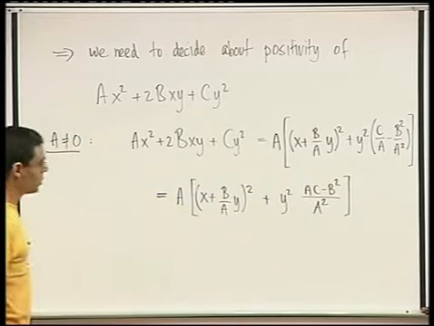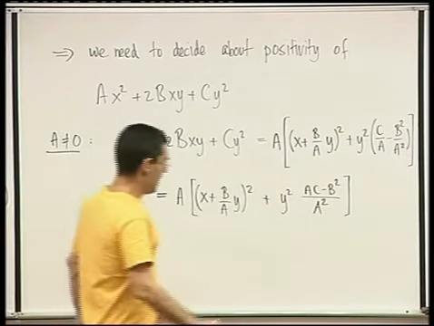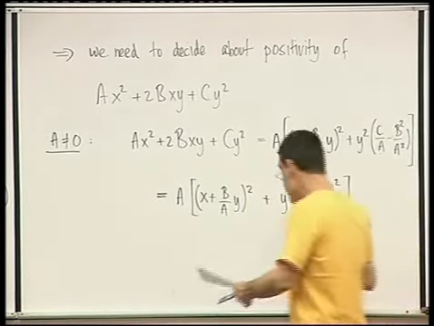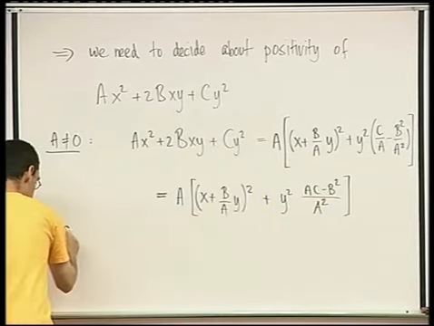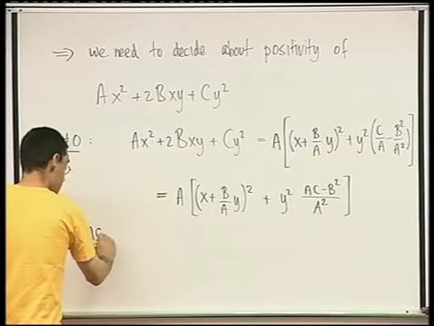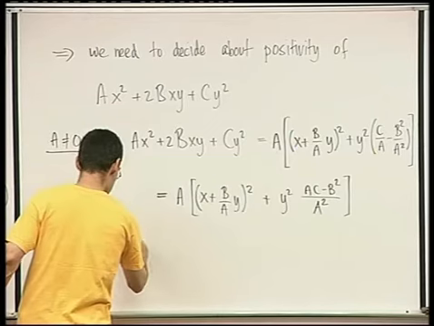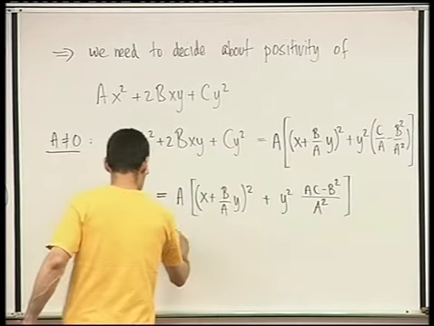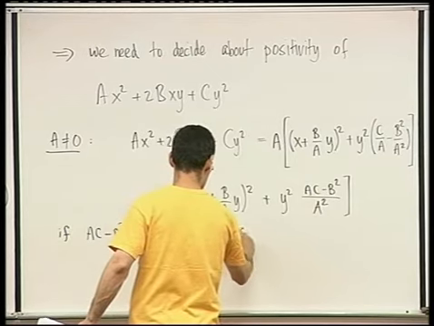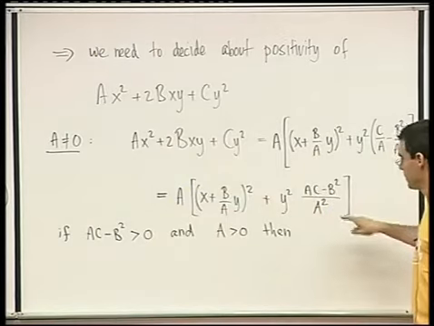Now let's draw conclusions from this. I'm going to write and then explain. So, if ac minus b squared is positive and a itself is positive, then let's see what happens.